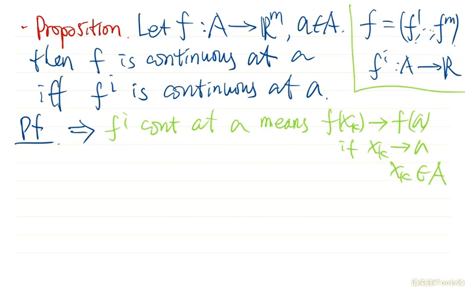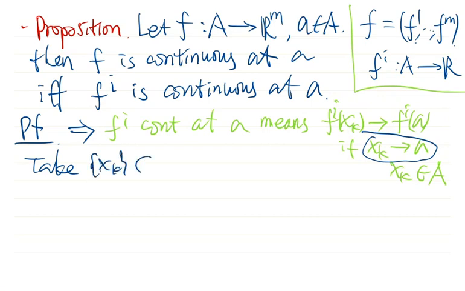Therefore, we need to consider a sequence converging to a. We take a sequence in A, the sequence converges to a, and try to see whether fi(xk) converges to fi(a). We want to show that fi(xk) converges to fi(a).